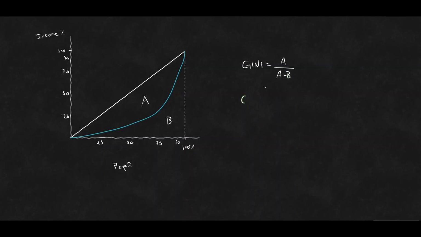Let's look at our extremes. A Gini coefficient of 1 means that A accounts for this entire area. That would be an extreme case. Let's use red to denote this.